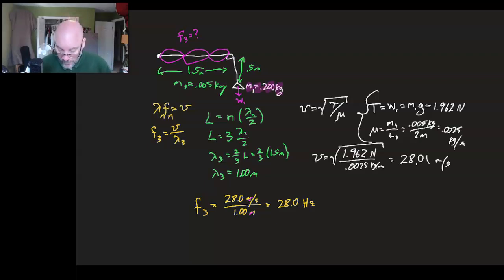Or we might say, given the mass of the hanging weight, what's the mass of the string? So there's a whole bunch of different ways we could go with this. Find the wavelength, find the mass of the string, find the mass of the hanging weight, find blah, blah, blah. There's a lot of different ways we could go.